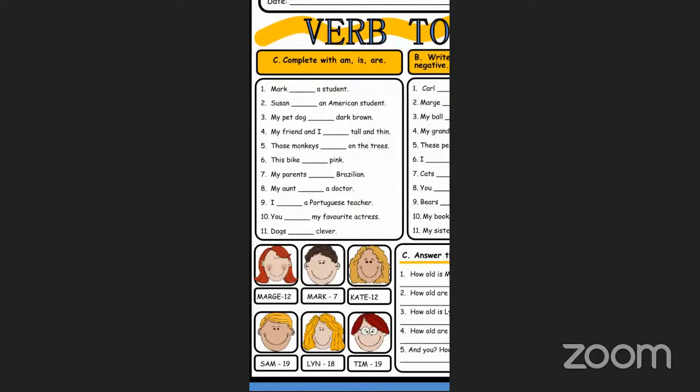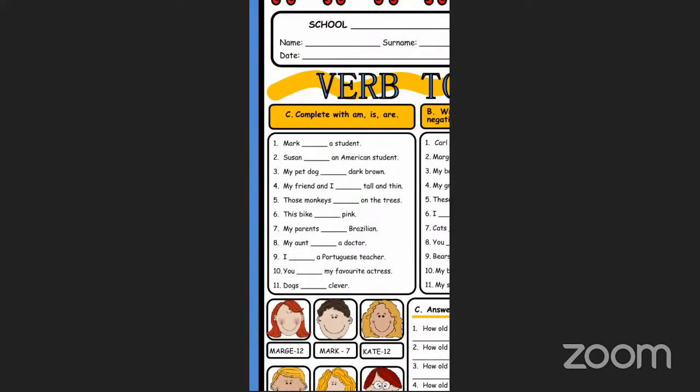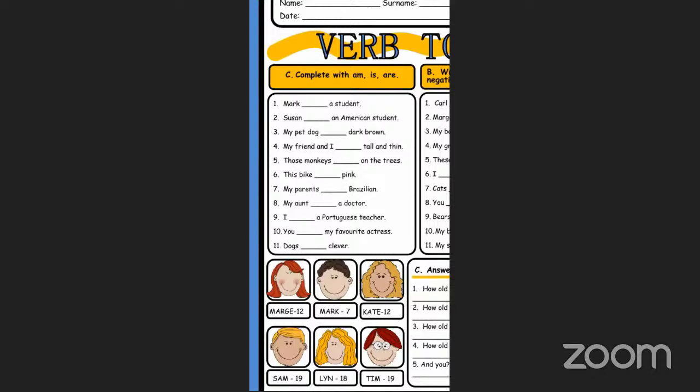Margie 12, Mark 7, Kate 12, Sam 19, Lynn 18, Tim 19. Margie 12, Mark 7, Kate 12, Sam 19, Lynn 18, and Tim also 19. Right. See their faces.